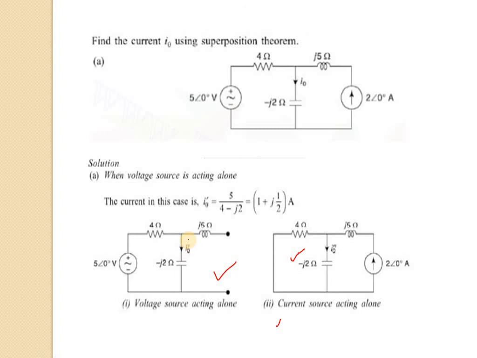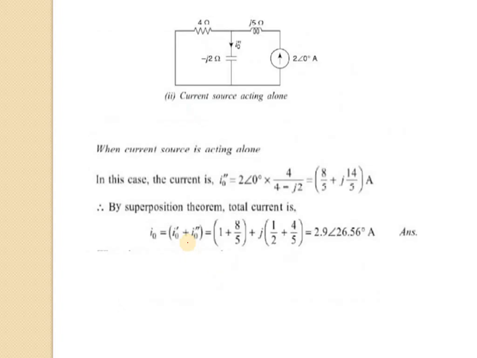Okay, that will be our total current flowing through this branch, that is, here we have taken I0 dash. In our next step we will calculate the current I0 double dash when the 2 ampere current source is acting. Here we will apply the current divider rule. Total current multiplied by the opposite parallel resistance, that is 4, divided by the total resistance present, that means 4 minus j2 ohm, and we are getting the current as this one.